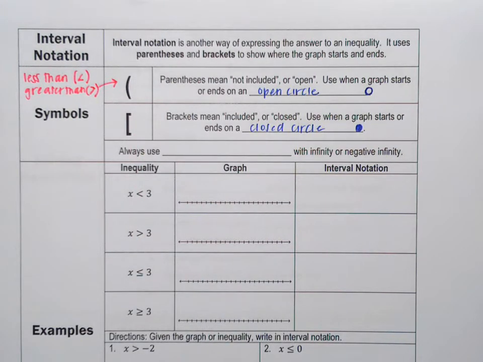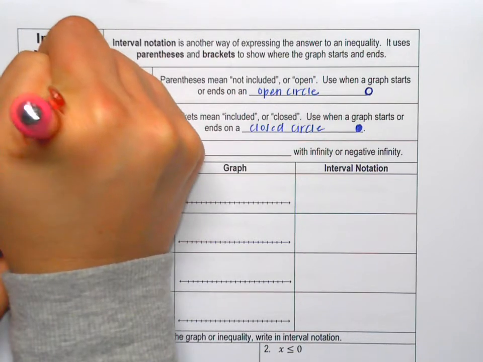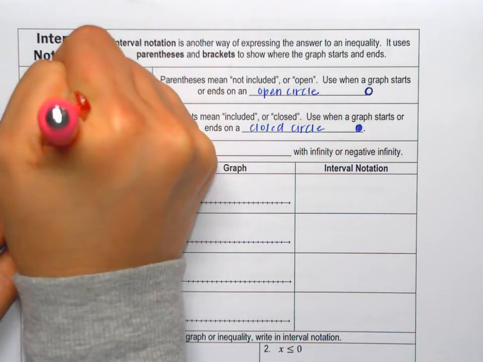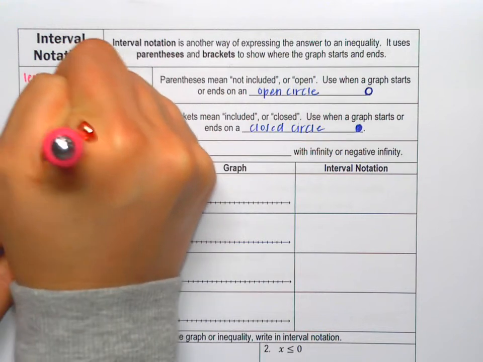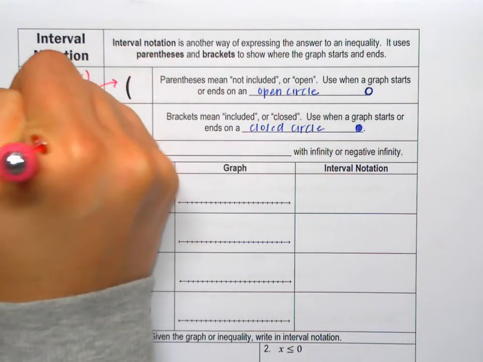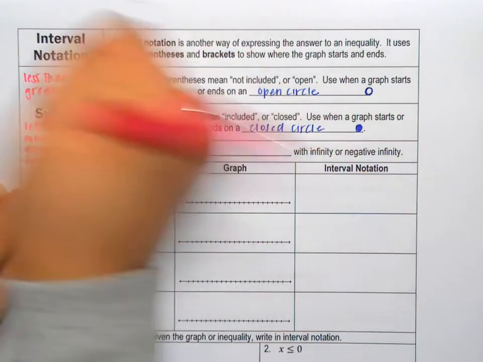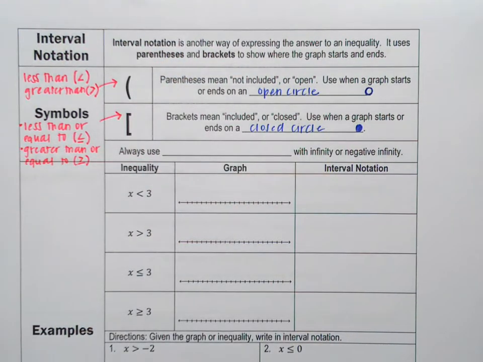Now with a bracket, it's a closed circle, and a closed circle is when it's less than or equal to or greater than or equal to. So essentially when it has that or equal to, you will always use a bracket. Basically, when you see that extra line underneath it, that's when you use a bracket.